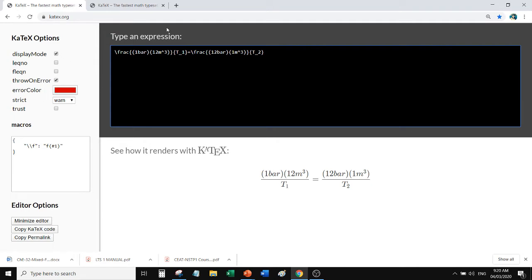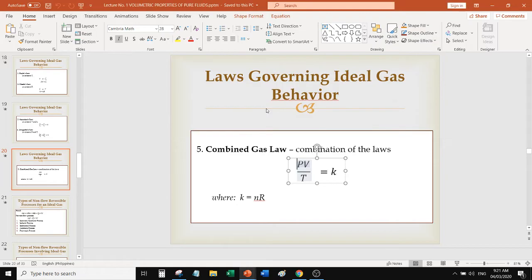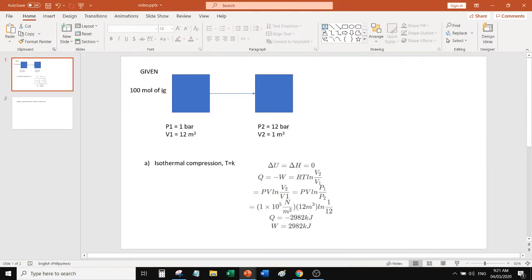What do you think would be T1 and T2? T1 is just equal to T2. And this is true throughout the problem, for A, B, C, T1 is just equal to T2.